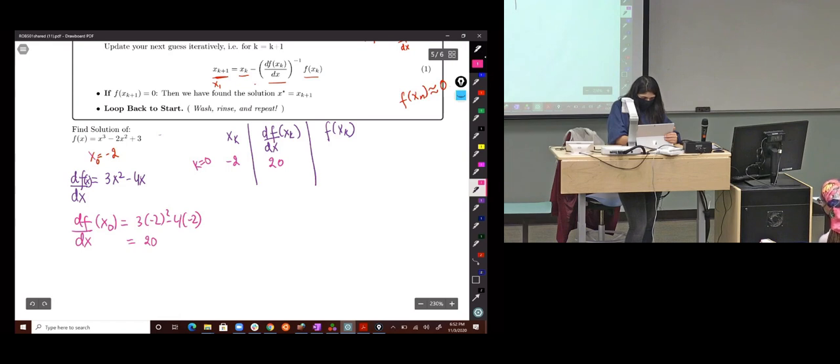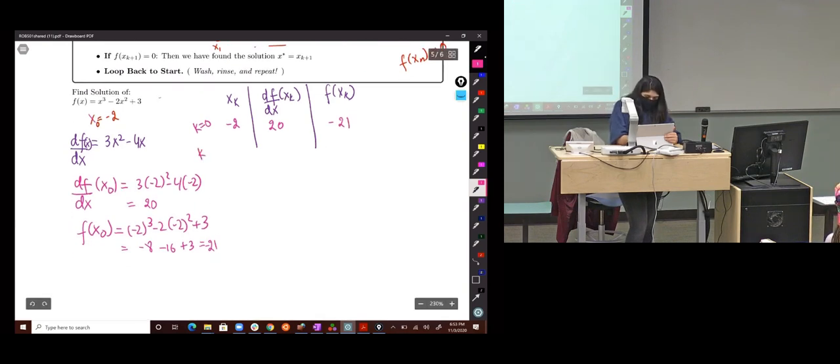And f of x naught is minus 2 to the power 3 minus 2 times minus 2 squared plus 3, which is minus 8 minus 16 plus 3. It should be minus 21, I think. This becomes minus 21.